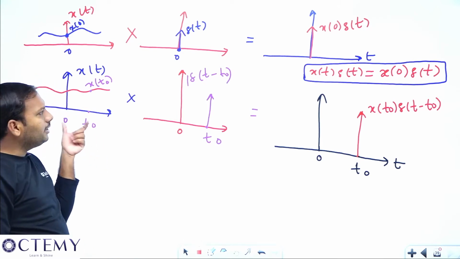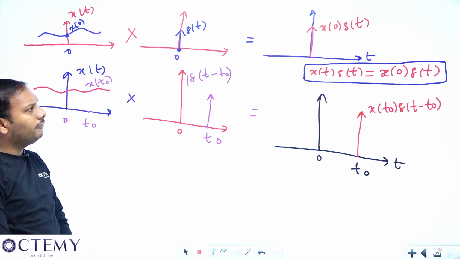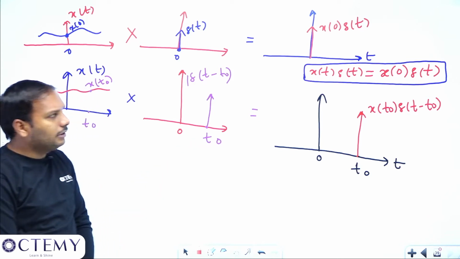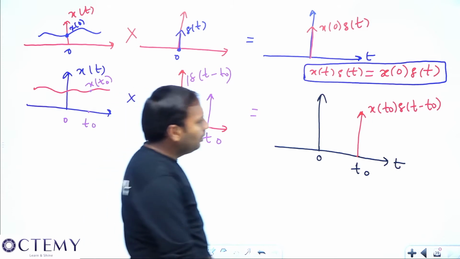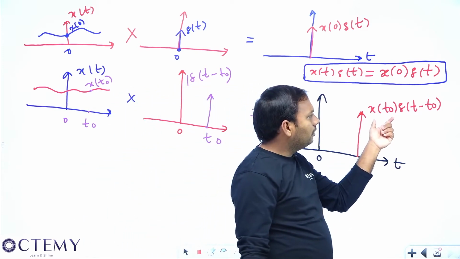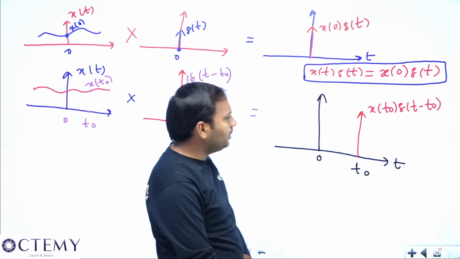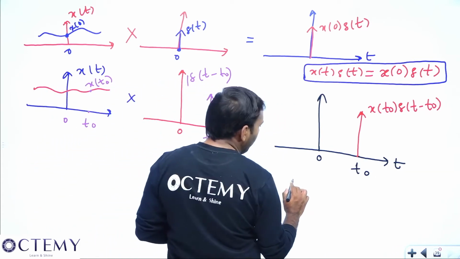I have multiplied the original function x of t with a shifted impulse, something like this, del of t minus t naught, where the impulse is happening exactly at t naught. So now I got x of t naught, and the impulse is happening at del of t minus t naught. So this is also one of the important properties I am writing.